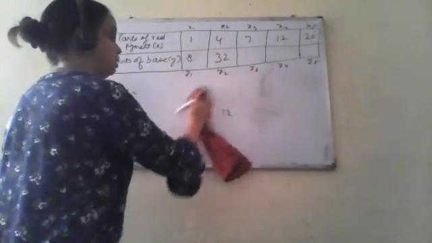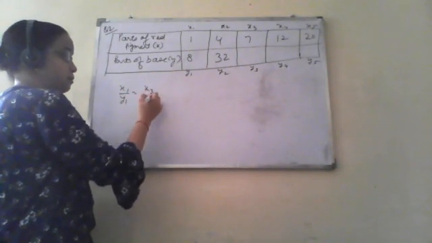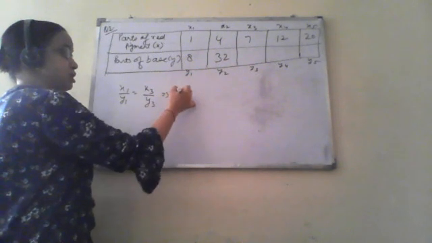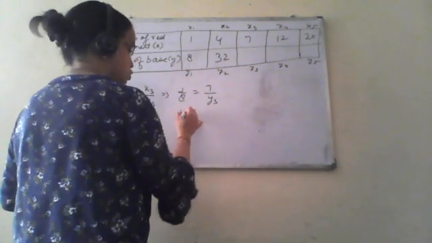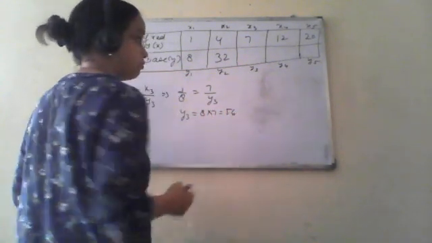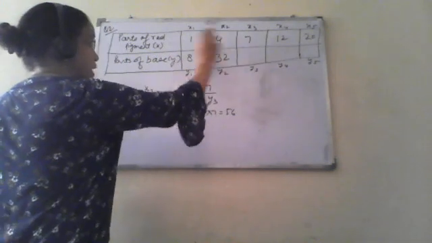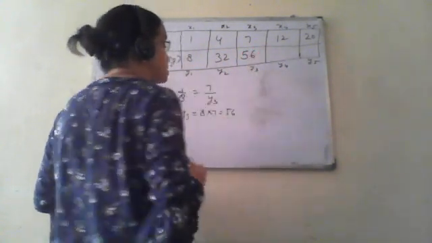Now similarly we have to calculate y3. x1 upon y1 will equal x3 upon y3, that means 1 upon 8 equals 7 upon y3. So y3 will become 8 into 7, that is 56. So for 7 parts of red pigment, the number of parts of base required will be 56.